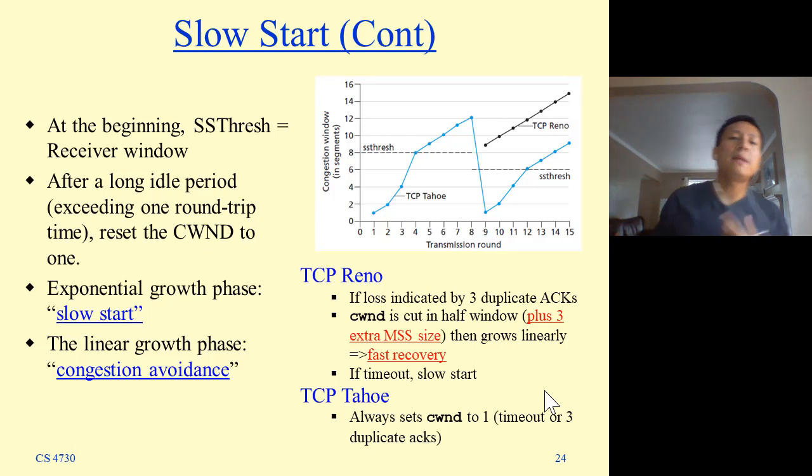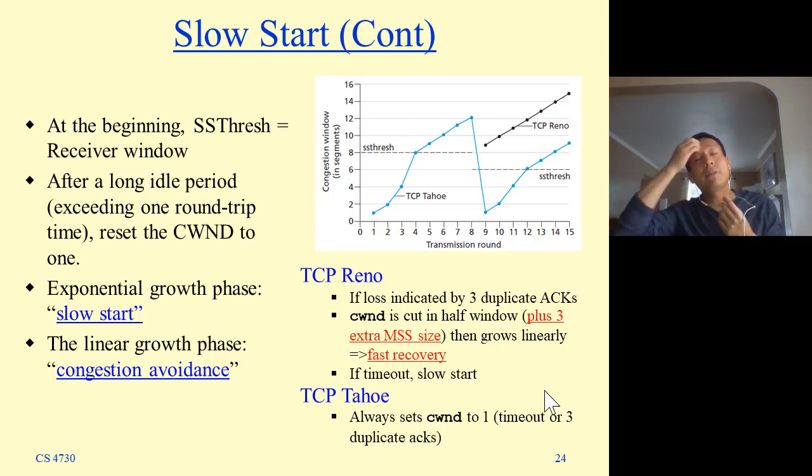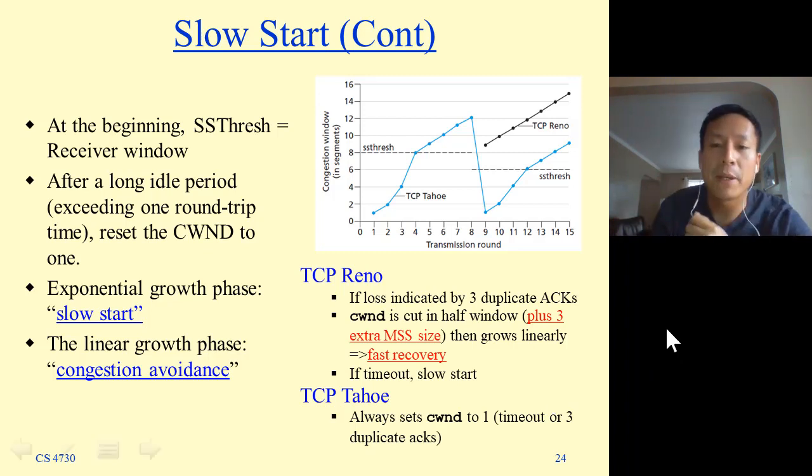So in TCP reality, actually, we have different terms for these two periods: the exponential period and the linear period. For the exponentially increasing rate from 1, this period is usually called slow start, although it's not slow.